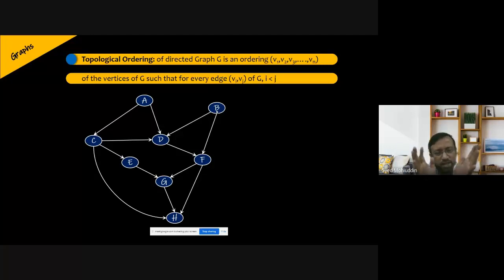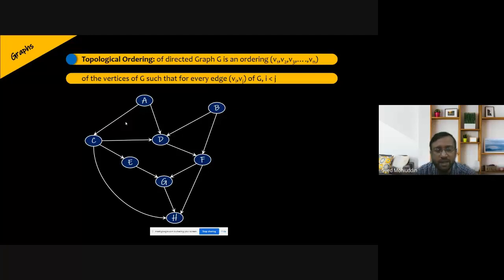Now let us examine another pair of vertices, Vi and Vj: vertex A and vertex C. Is there an edge between vertex A and vertex C? Yes, there is an edge. Remember, that edge is directed, and a directed edge has orientation.